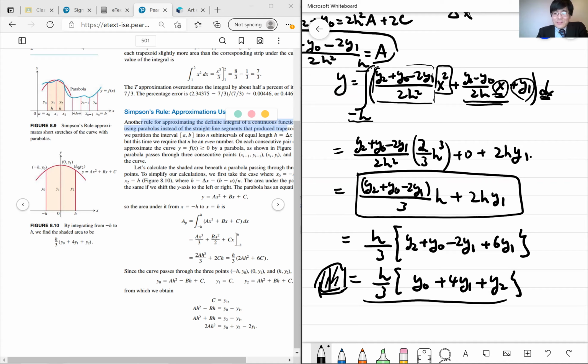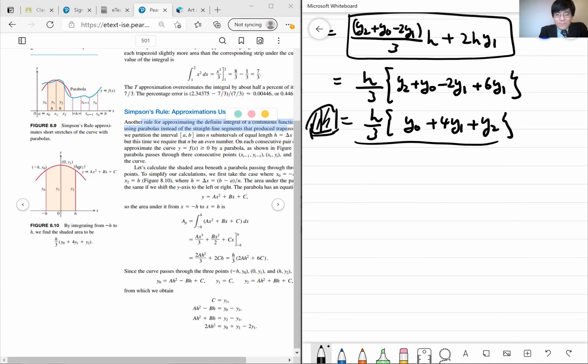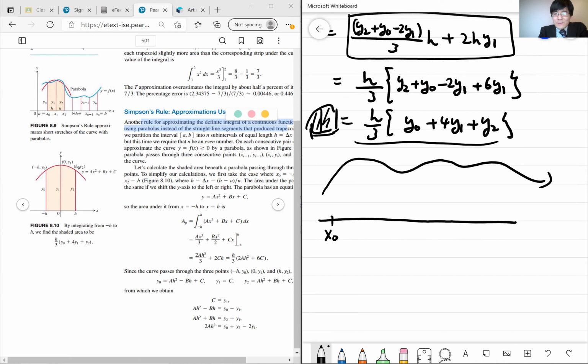Once you understand this one, we can understand Simpson's rule. Let's say this is the first point, A, and this is the last point, B, and this is x1, x2, and so on. We use those 3 points to find the area under the curve using the parabola, and that's going to become this.